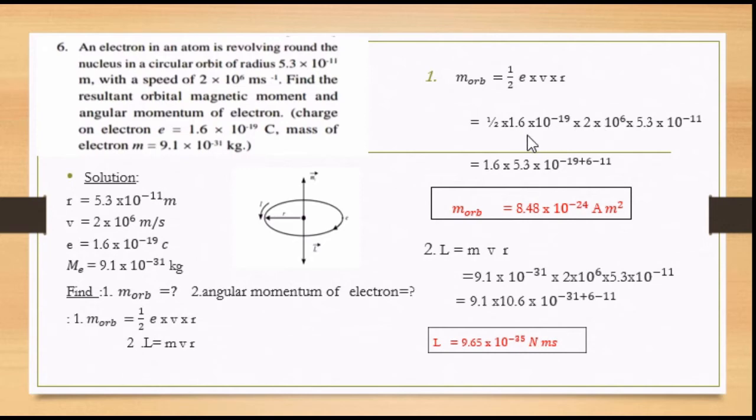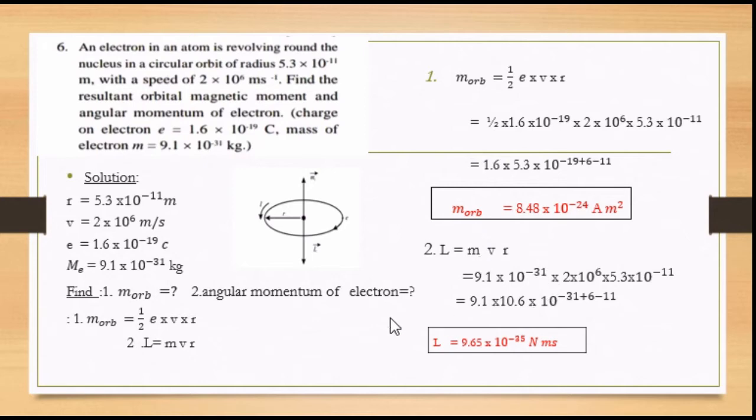Then 1.6 × 5.3 and 10 raised to power -19 + 6 - 11. So the answer of this one is 8.48 × 10^-24 ampere meter square. So this is the M orbital, that is the orbital magnetic moment.